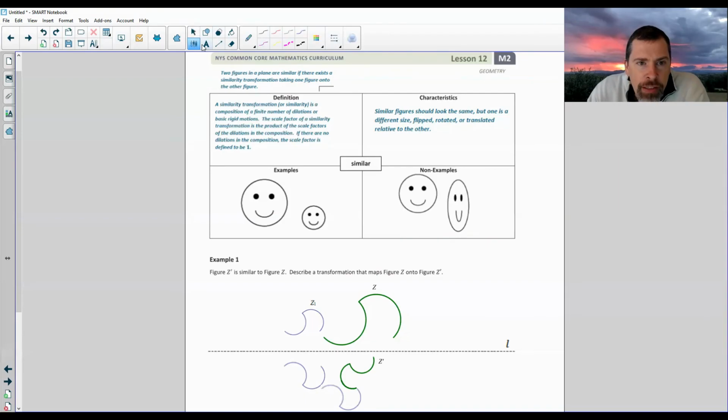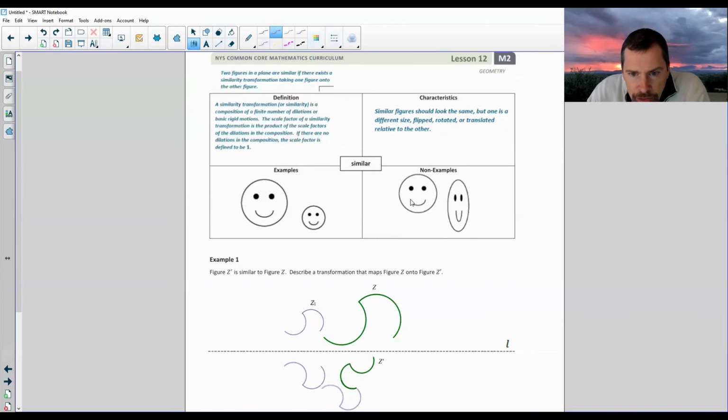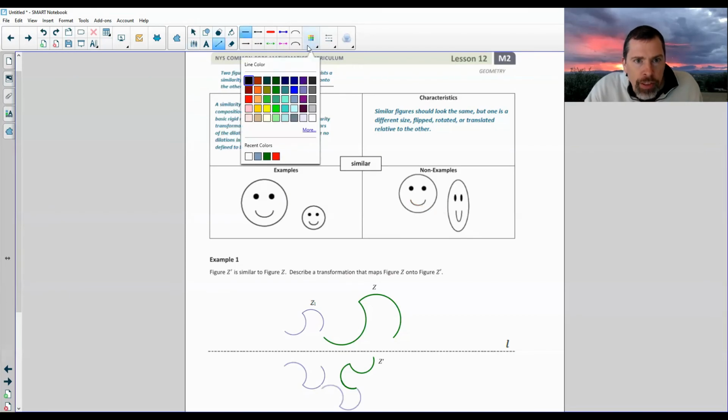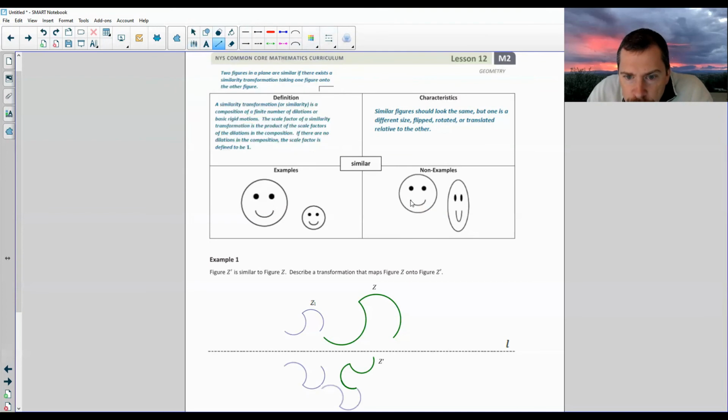So if I did the same thing I just did with the circle, let me make the line thinner this time though. And if I drew a segment from the corner, pick the right command, it might work. All right, it's thinner. So if I choose from the corner of the mouth to the corner of the mouth like so, and then I choose from the center of the eye through the center of the eye like so.